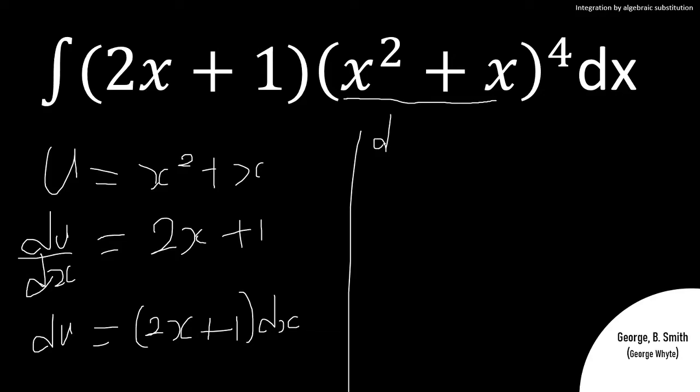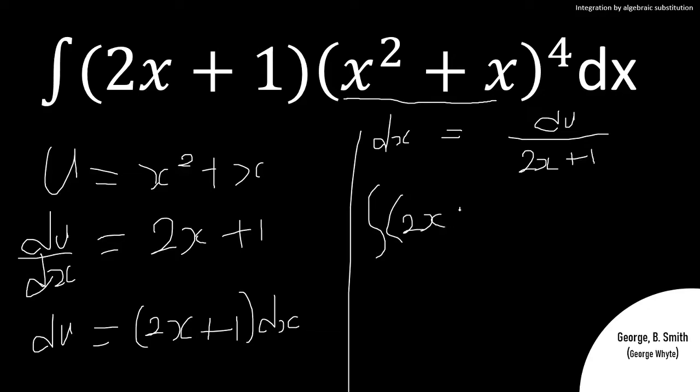Here you can make dx the subject of the formula. You divide both sides by 2x plus 1. Your expression is going to be dx equals du all divided by 2x plus 1. Since this is what we have now, we need to substitute into the expression. So we are going to have the integral of 2x plus 1, which remains.